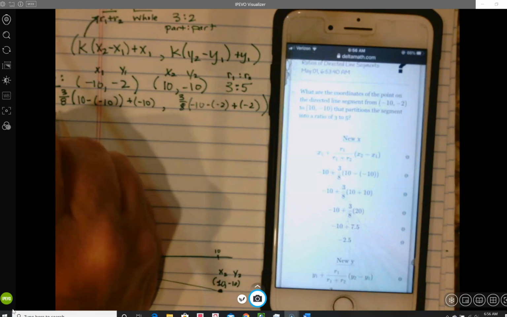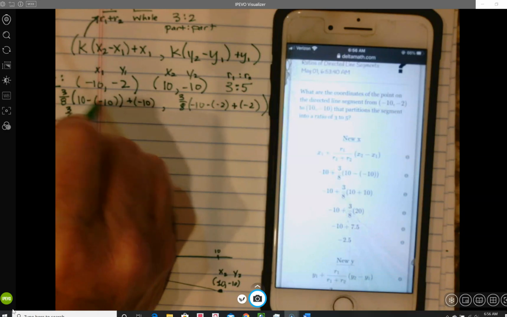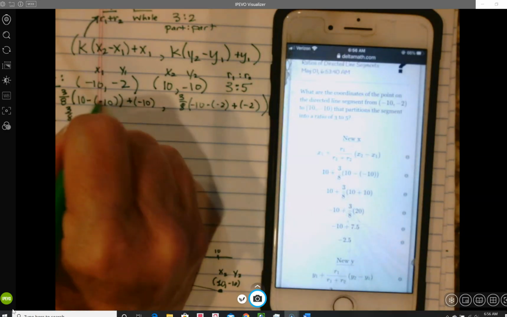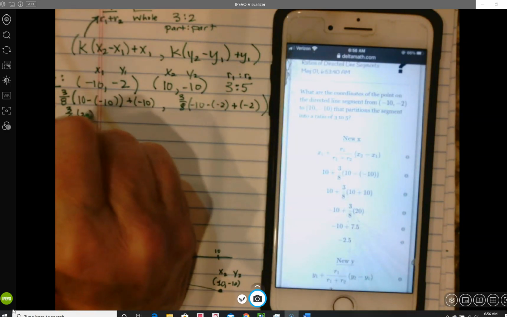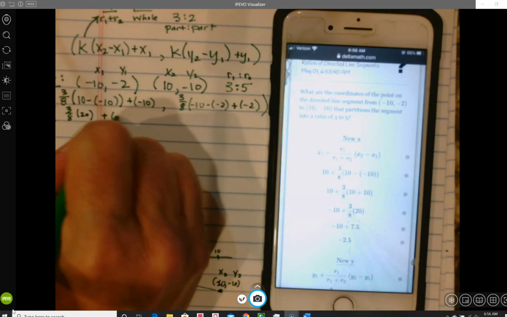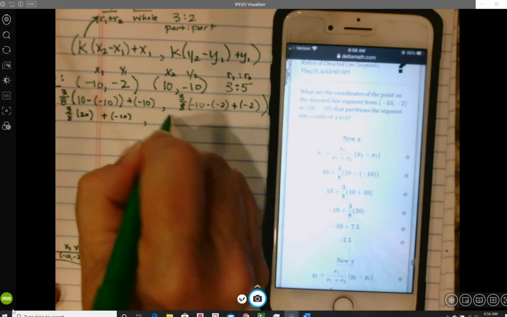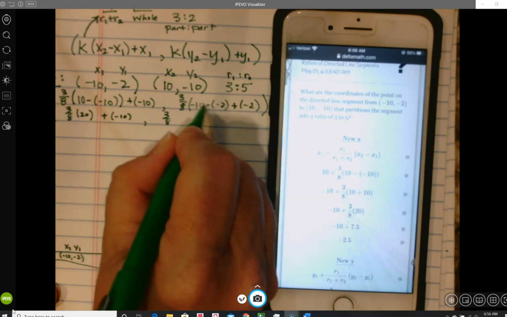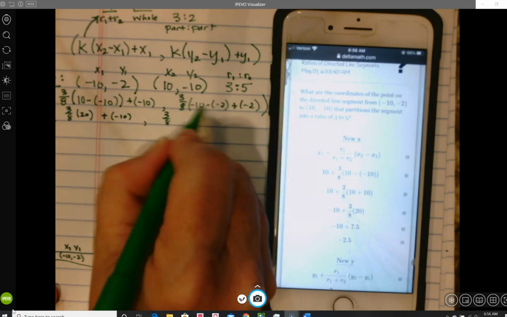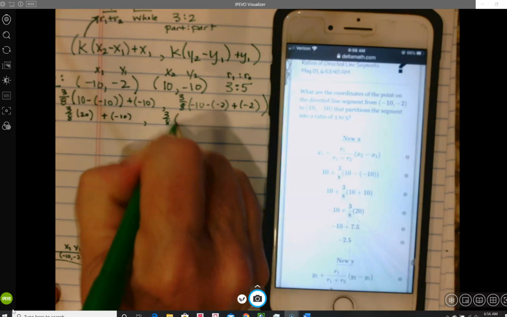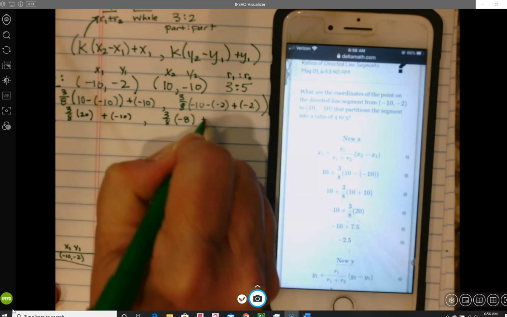So I'm going to work it out one step at a time. So we've got 3/8, 10 minus -10. Well, I'm going to add the opposite, so that's 20, plus -10. And then here we have 3/8, negative 10 minus minus 2. So that's negative 10 plus 2 is negative 8, plus negative 2.